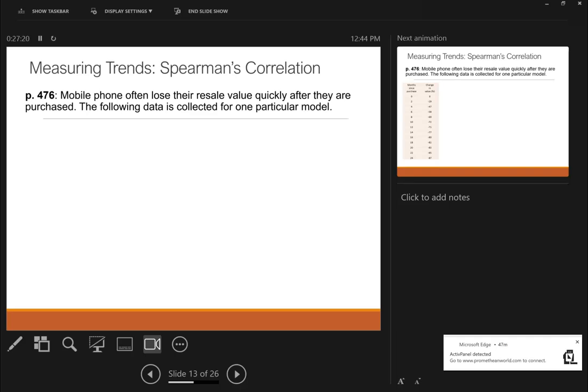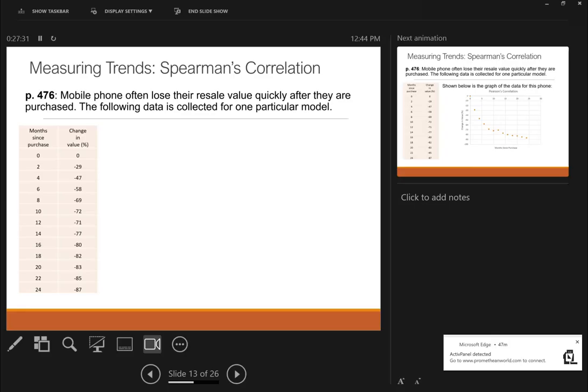So one situation here, let's talk about the relationship between phones and their resale value. What we have here is the data for one particular brand of cell phone. The x, the independent variable, is the length of ownership, and the y, the dependent variable, is the value lost, or the value change, for the cell phone over the life of the cell phone.